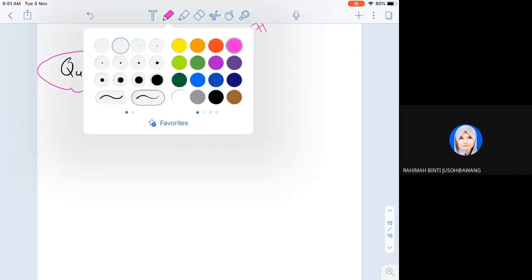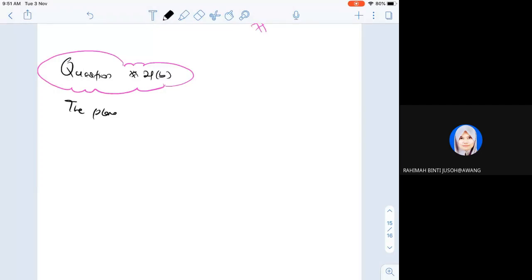Okay, the plane contains the line, so on the plane there is this line: x equals to negative 2 plus t, y equals to 2 minus 4t, and z equals to 4 plus 2t.